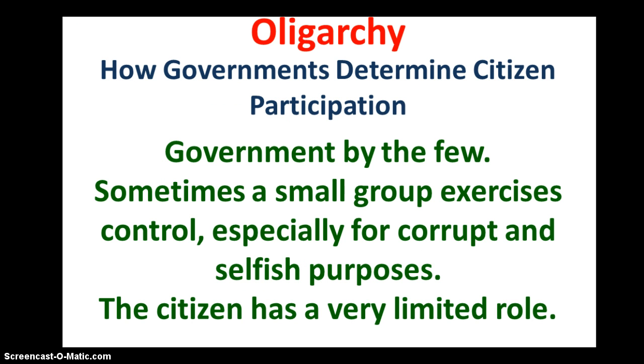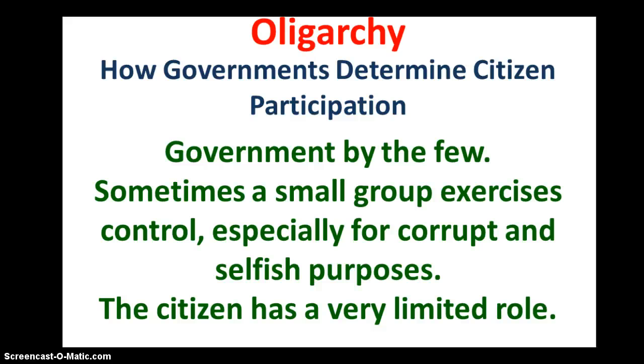Oligarchy. This is where government is by few. This is a small group of people that take over a government. A lot of times it's very corrupt, and they are governing for selfish purposes. They're not trying to take care of the people. That's not the purpose. And we discussed that in class. But the citizens have very limited role.